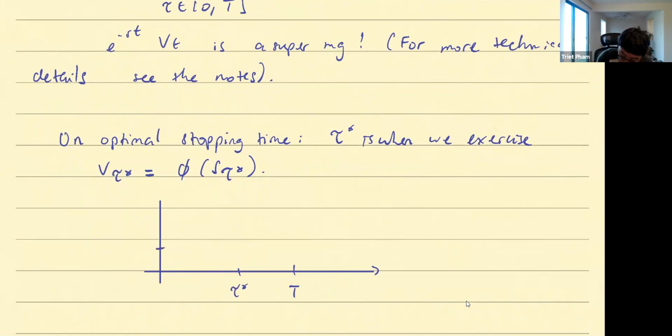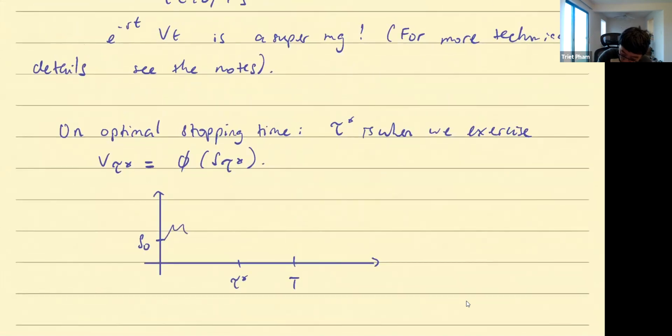So our stock does whatever it does, like this. Okay. So obviously you have this too. V0 is this, because that's what we have.